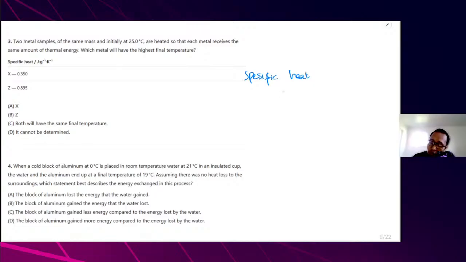So the lower the specific heat, the more it heats up, because specific heat is how much energy is needed to raise the temperature of 1 gram by 1 degree Celsius or 1 Kelvin.